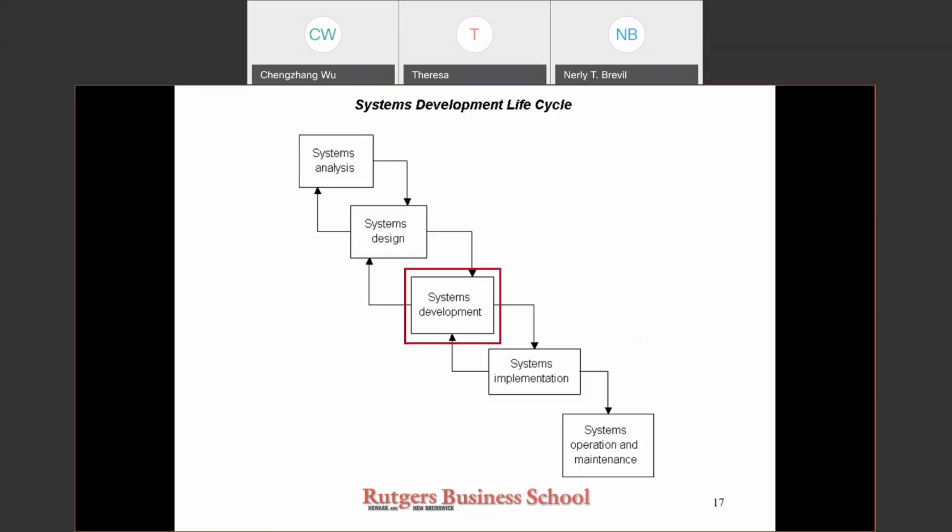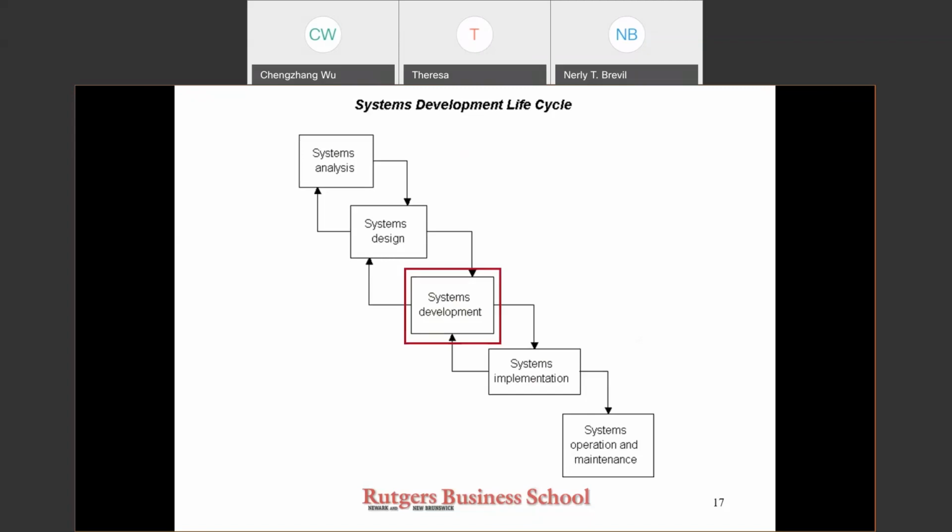So the next stage is system development. Having arrived at a satisfactory design for the system, the next step is actually to develop it.